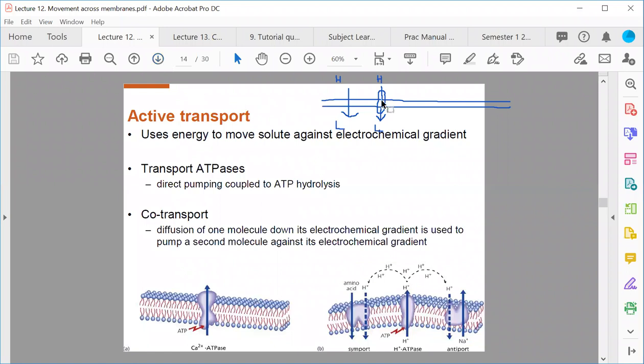Okay, so now we move on to our third type of transport mechanism. This type of transport is termed active transport. Let's draw this up here. We use a transport protein once again.